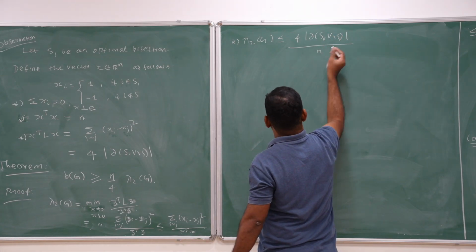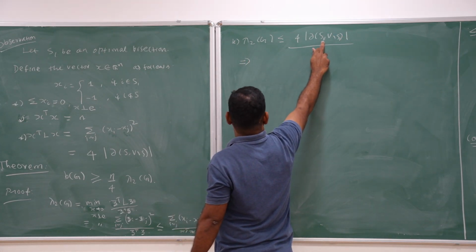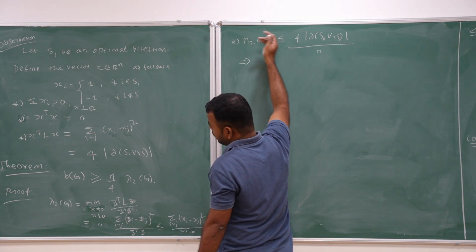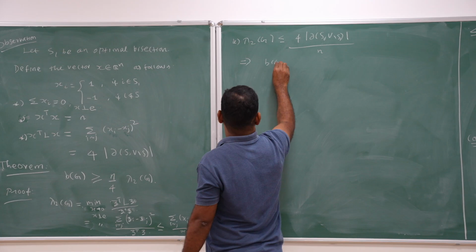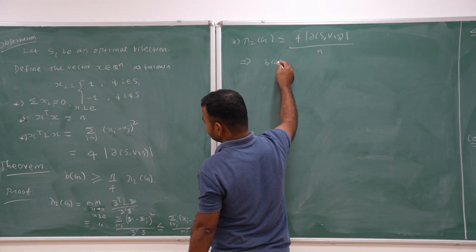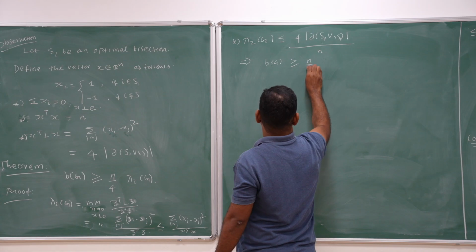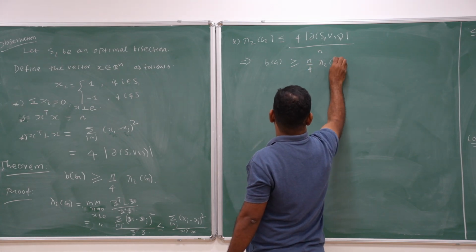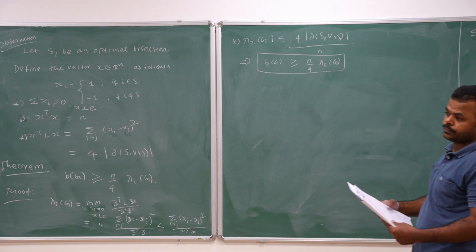So this implies for the cut S1 the minimum is attained. So that is the same as B of G being greater than or equal to 4 by n, that is n by 4 into lambda 2 of G.